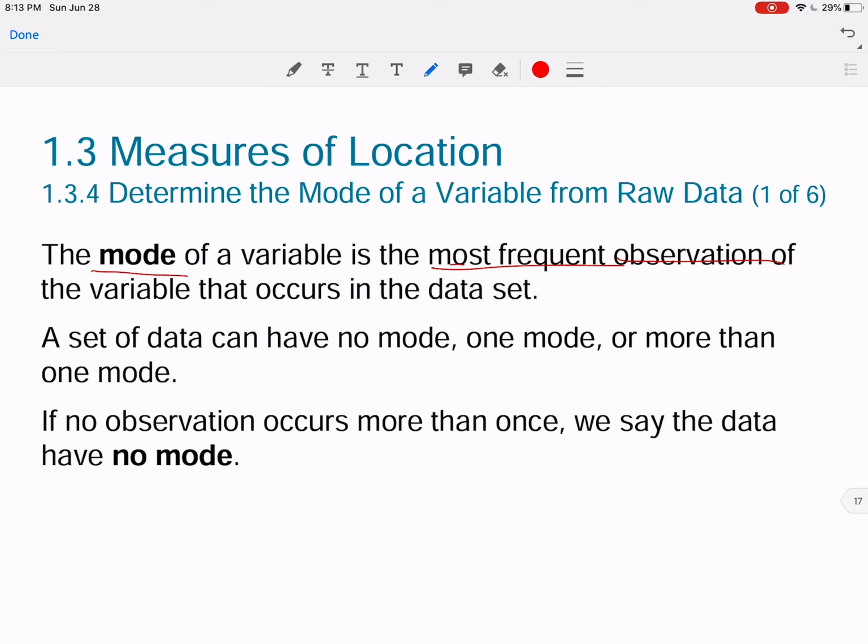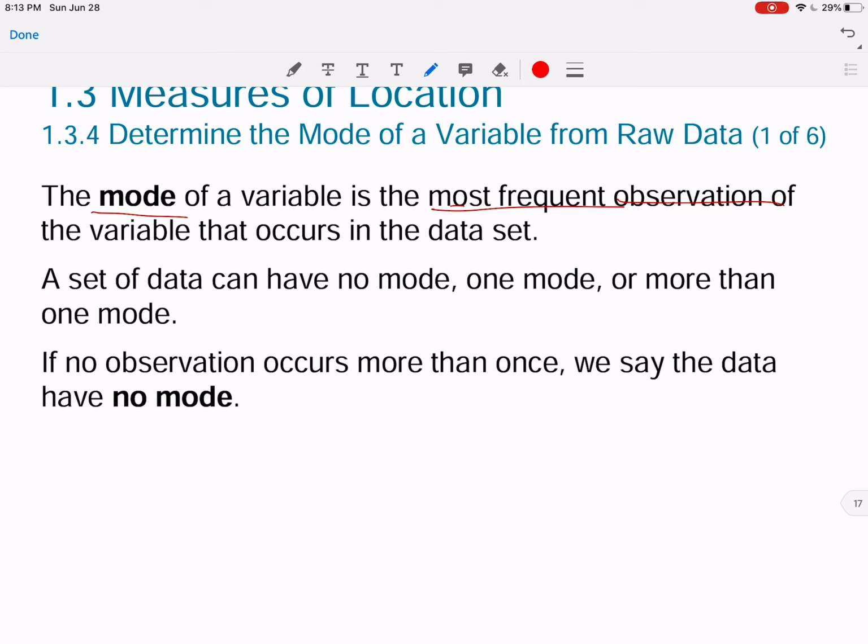So let's take a look at an example here. Let's say we have a bunch of numbers: 2, 3, 7, 8, 7, 9, 8, and 7. Now what's the mode in this case? If we want to find the mode, we just need to find the most frequent observation.